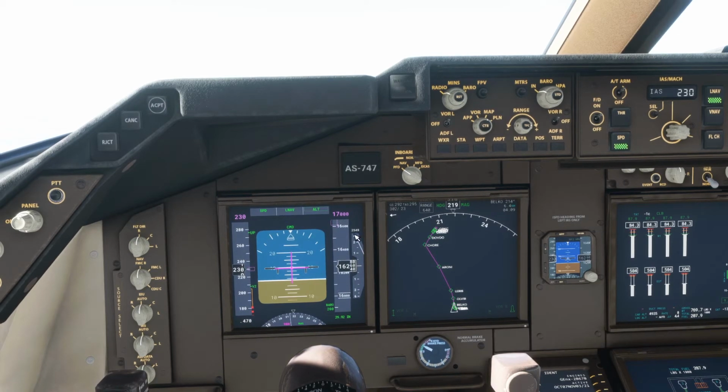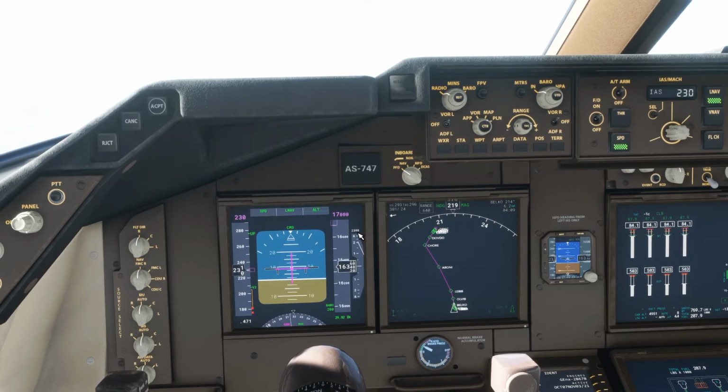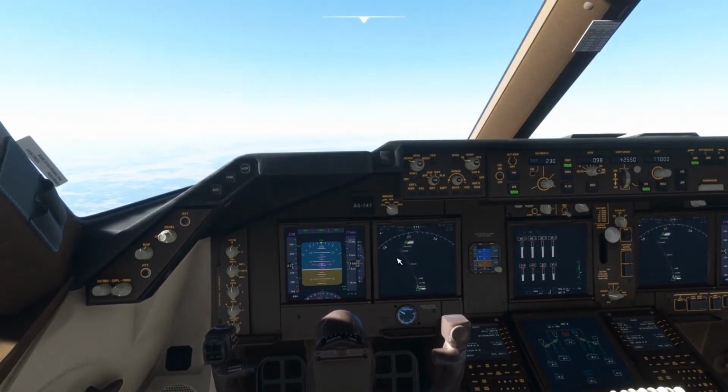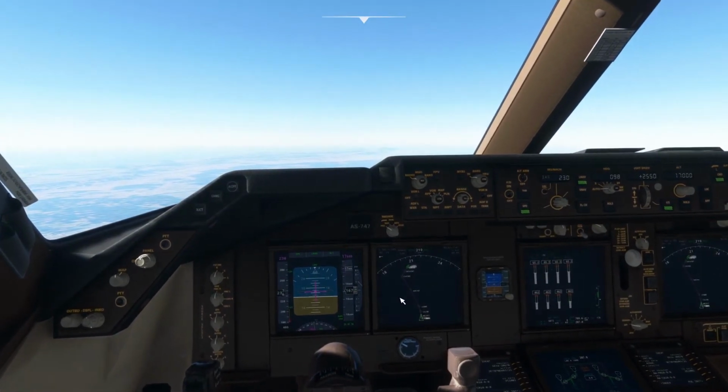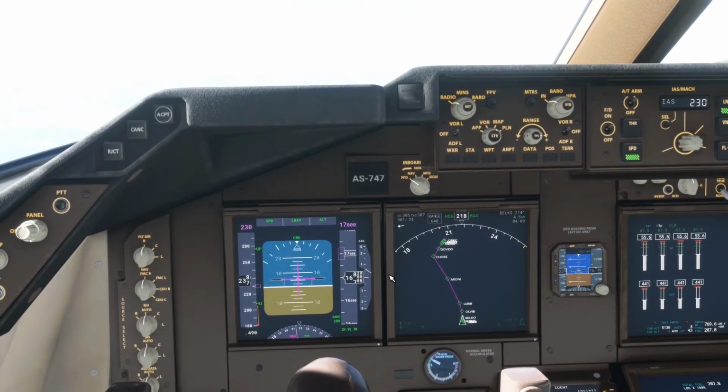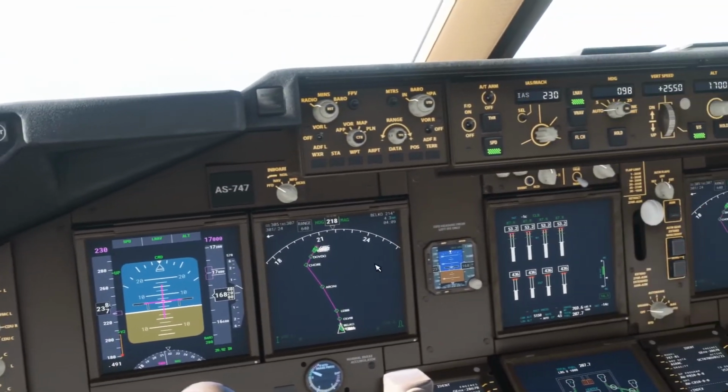And now you will see the vertical speed is now decreasing because the plane is about to level off. And this was not actually happening for the 777. And here you go. So we have a clearance for 25,000, flight level 250, but obviously I will not climb up there.